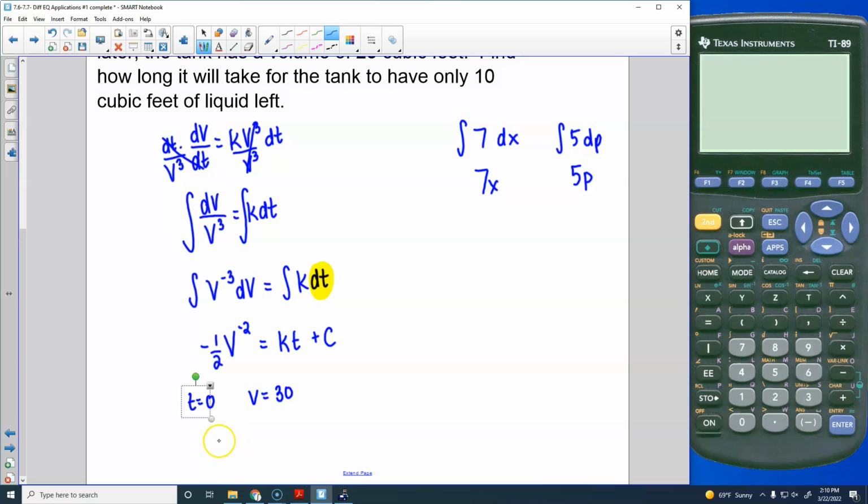I'm going to do negative 1 over v squared, so 30 squared, because we could write this negative 1 over 2v squared equals kt plus c. It'll be a little easier to evaluate if we don't have those negative exponents. And then we'll have k times 0 plus c.